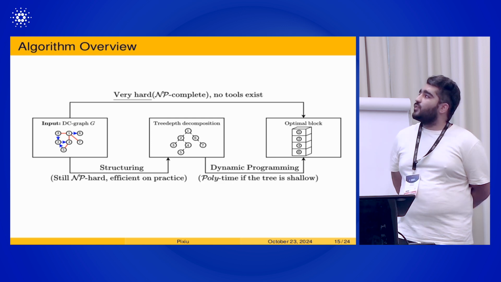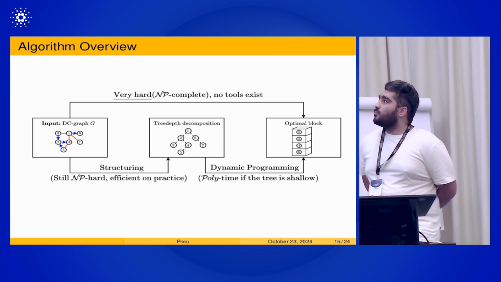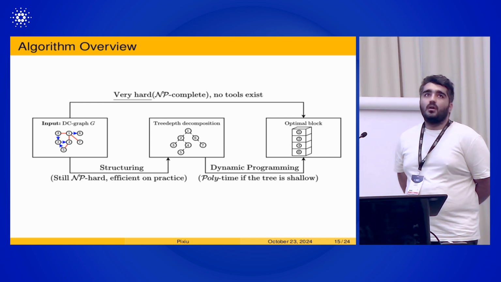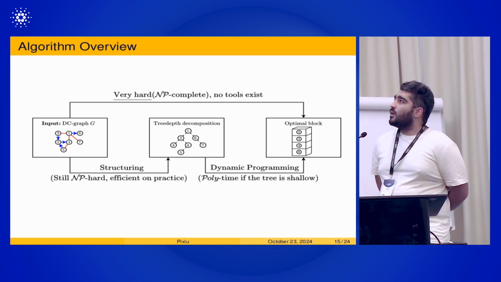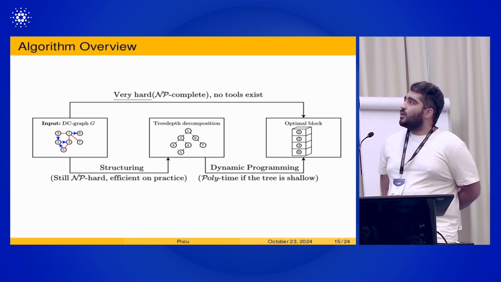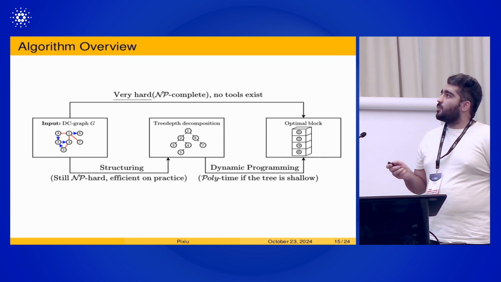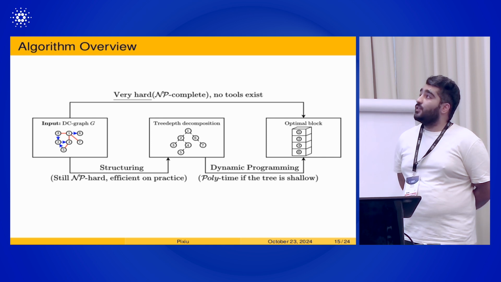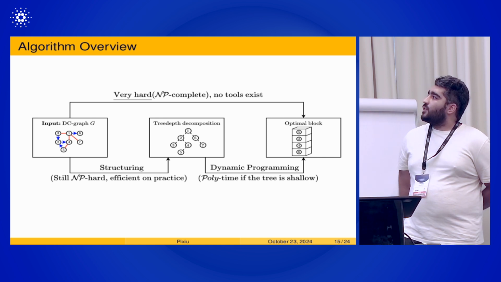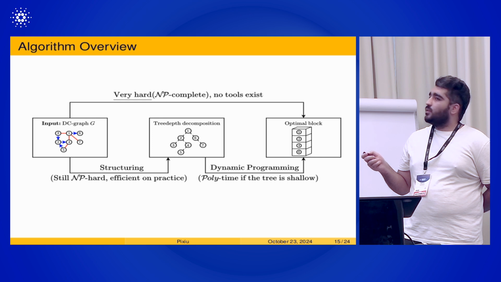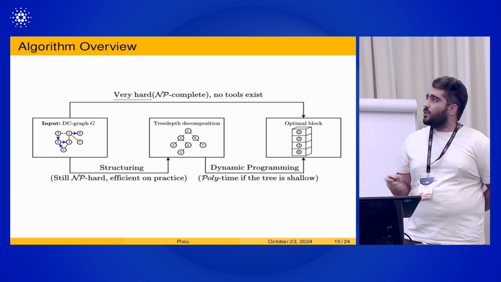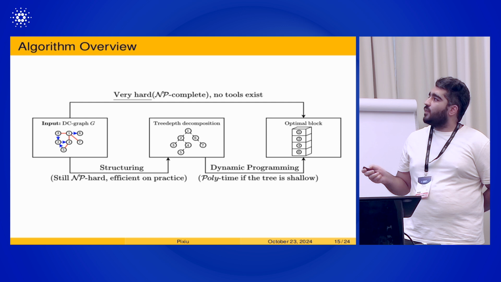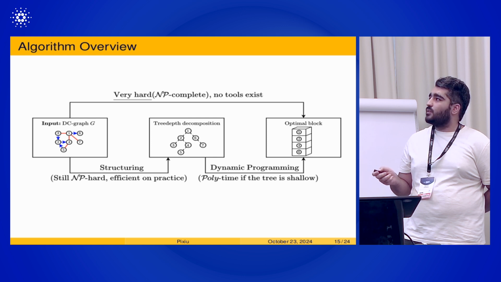And then we create a polytime algorithm on the size of transactions and the block size. So provably, we can get an optimal block if we have this three-depth decomposition, which is very nice, right? So basically, in our work, which was published, we found a new way to do this part. This is really hard, no one can do this directly. There are already some practical and efficient tools that can do this.